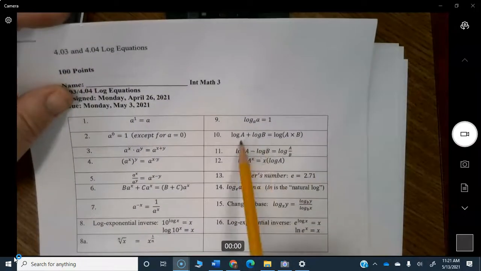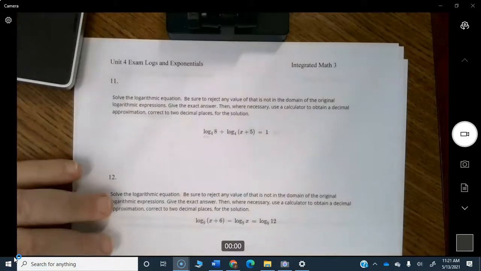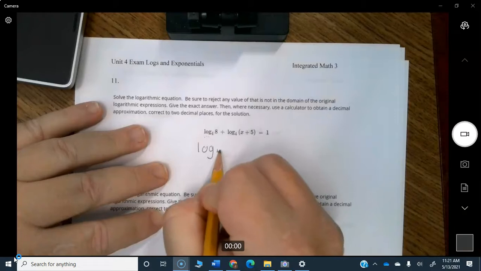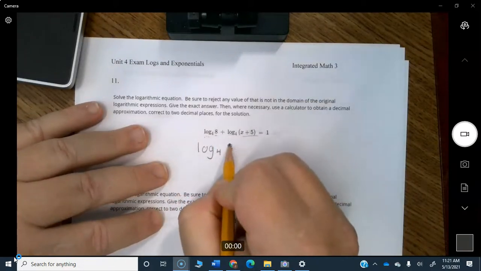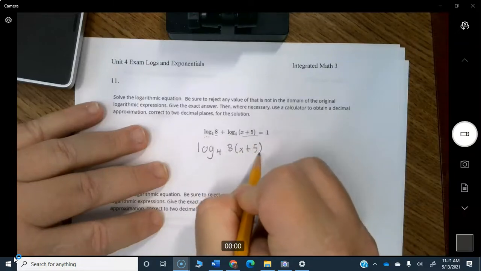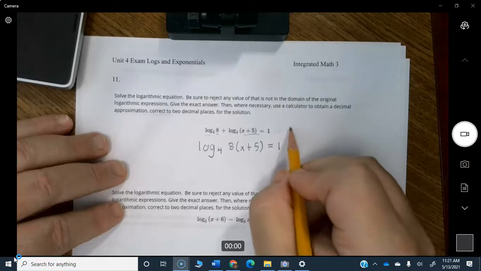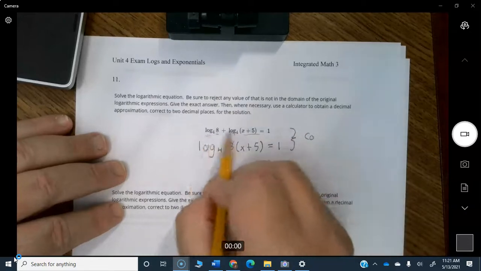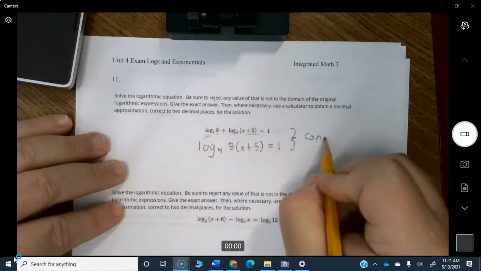Rule number 10 says log of A plus log of B equals log of A times B. So we're going to condense those. Log base 4 is this times this. Okay, so that's the first step here is condense. You turn it from 2 logs, you see the word log twice there, to just once there. That's called condense.